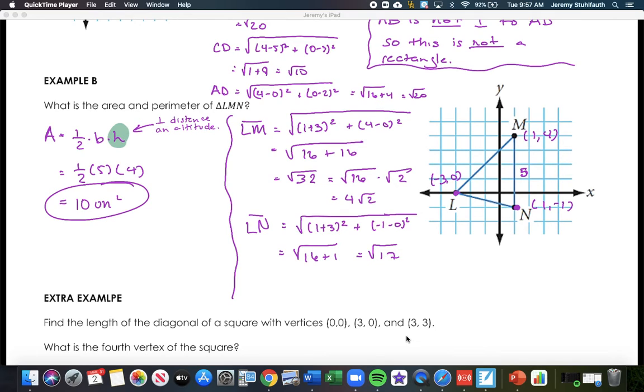So we know the length of LN, we know the length of LM, and so to find the perimeter, we'd take MN, add LM, add LN, and that would give us 5 plus the square root of 17 plus 4 square roots of 2. And if we type that into our calculator, we get a perimeter of approximately 14.78 units.